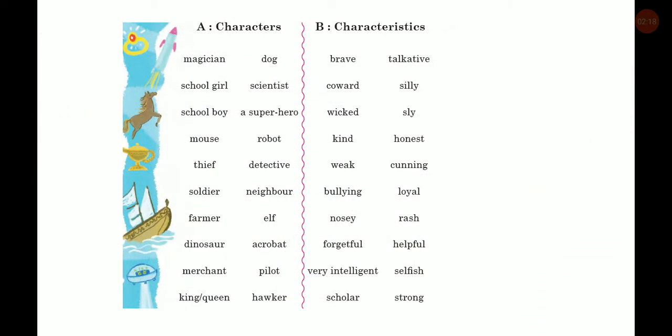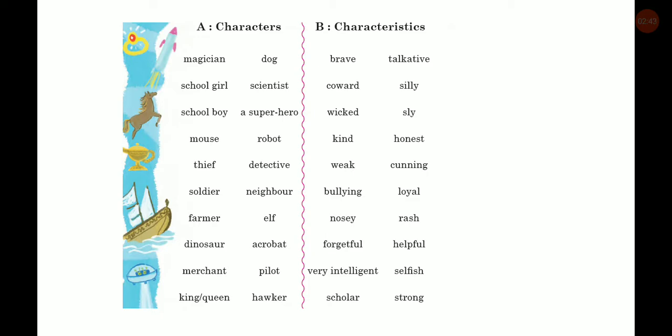So, first, while writing a story, you have to select characters, like a magician, a dog, a schoolgirl, a scientist, a schoolboy, a superhero, a mouse, a robot, whatever characters you want to select.